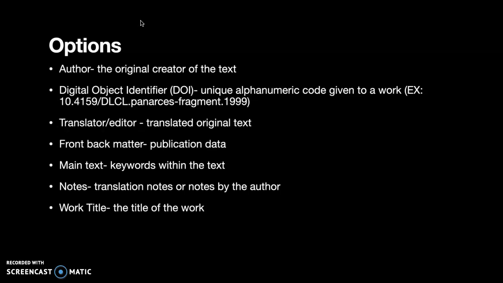Translator or editor, they translated the original text into English. Front back matter is the publication data like ISBN number, publisher, and main text, keywords within the text, and notes are the translation notes or notes by the author, and the work title, the title of the work.